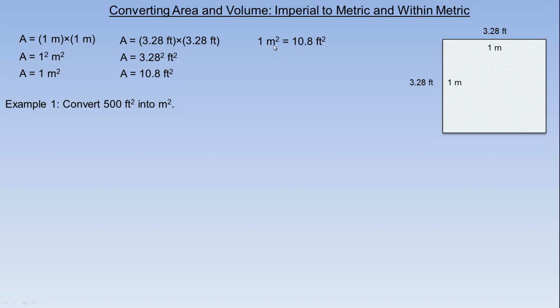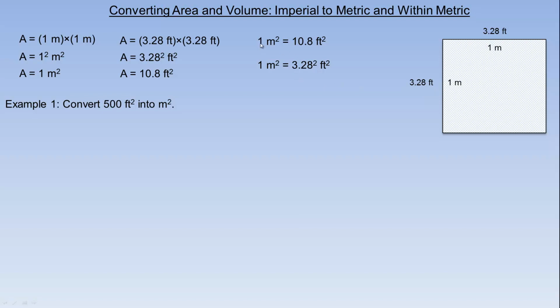Now, just so you don't have to remember another conversion factor, because if you know much about imperial metric, there's a lot of different conversions, don't think of it this way. The 10.8 came from squaring 3.28. And so use a known conversion factor: 1 meter is the same as 3.28 feet. Since it's area, the 3.28 is squared.